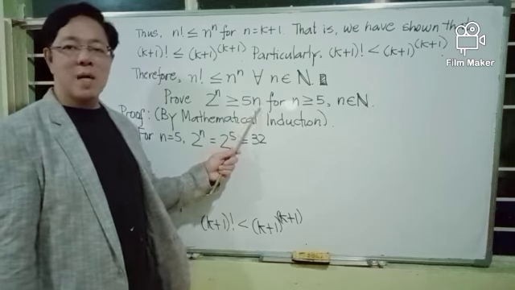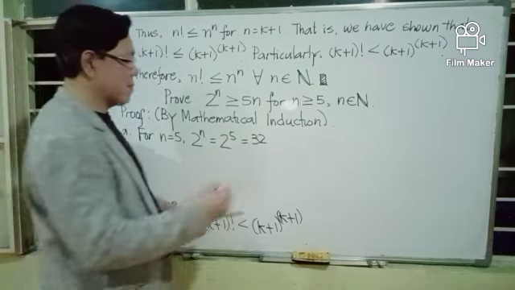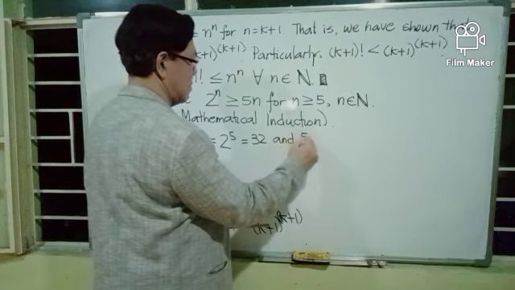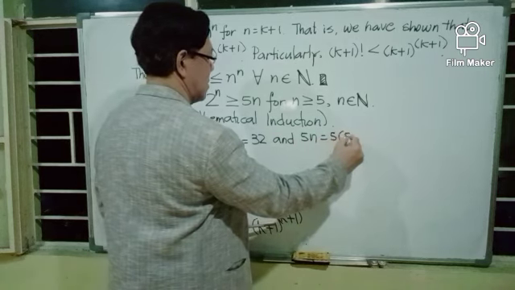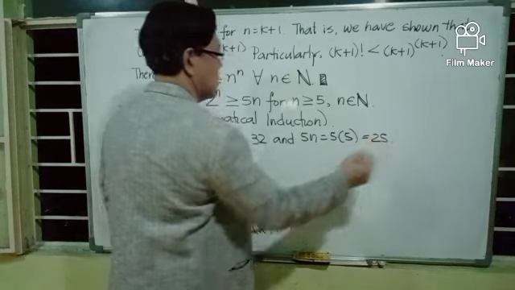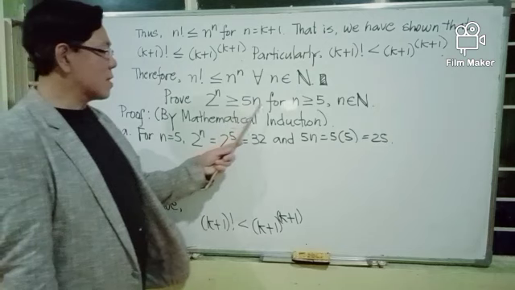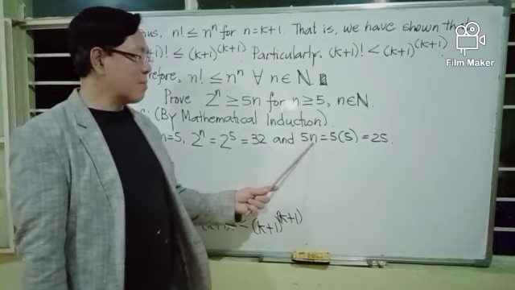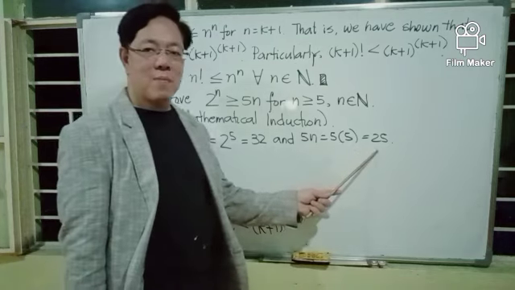Now we compute the value of 5 multiplied by n, where n equals 5. If n is equal to 5, the right-hand side, 5 multiplied by n, is 5 multiplied by 5, which is 25.